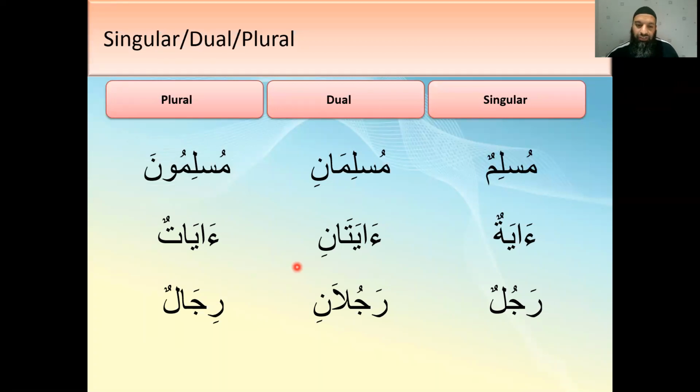Okay, we'll go through that maybe next slide, inshallah. It's just introducing you to different plurals. You're going to see different plurals now. This is just an example. We will learn in the next slide or the slide after, inshallah. So that's just an introduction to the fact that we have singular, dual, and plural.